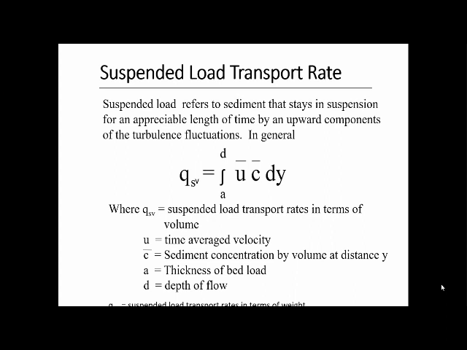So what is the u and what is the c? u is this average velocity, the time average velocity, and then c ni is the concentration of your sediment, the concentration by volume lah at a distance y. Okay.